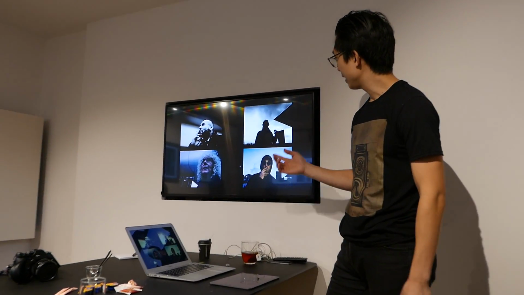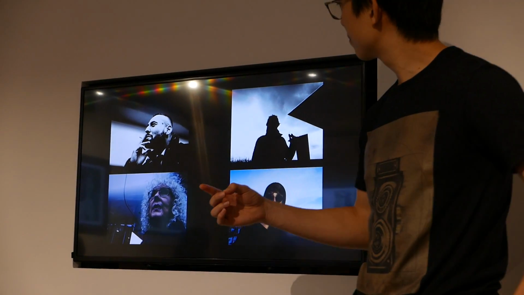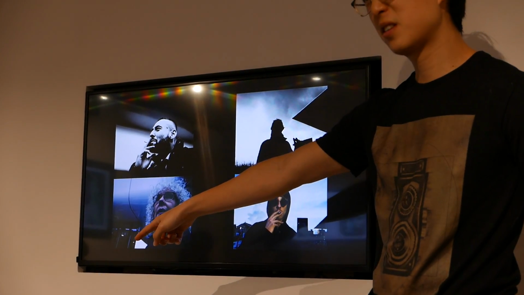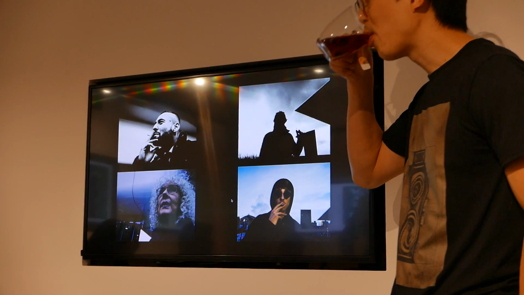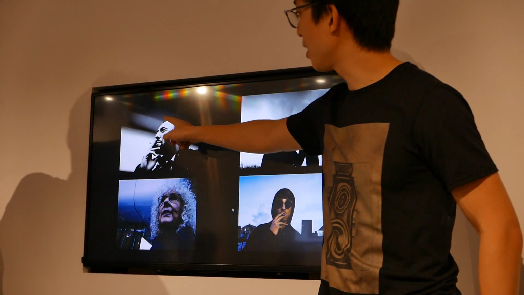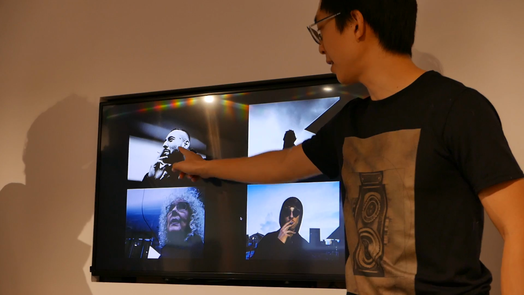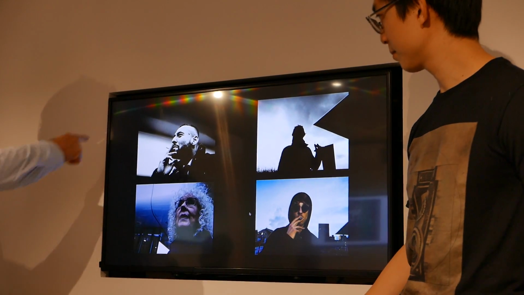So, if you look at this picture here, Kamal, come up to this side here. Draw the compositional lines you see interesting on this man here. You can just point to it, yeah.